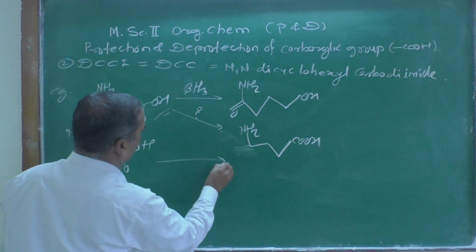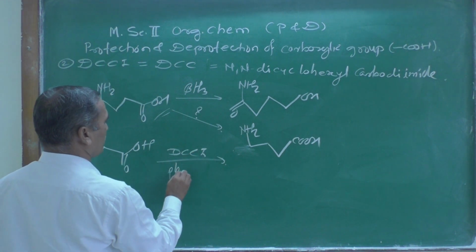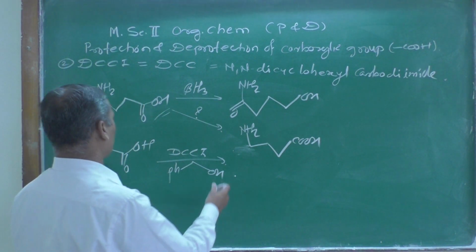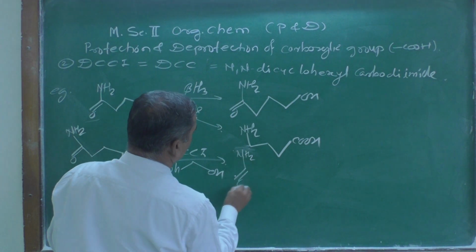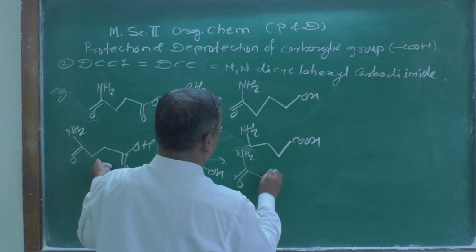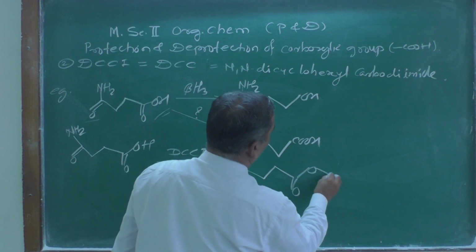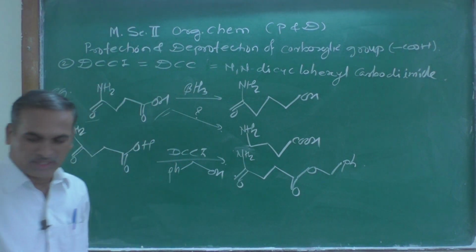This will be treated with DCC in presence of PhCH2OH. What do you get? You are going to get here NH2 as it is, then C double bond O, then CH2, CH2, and then C double bond O, then OCH2Ph. This is what we did here.